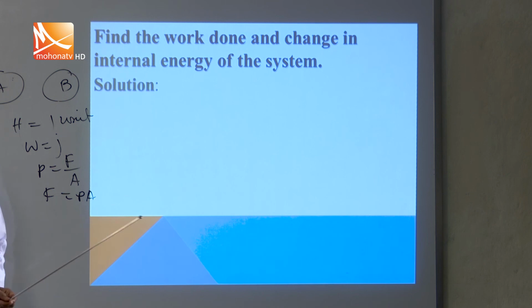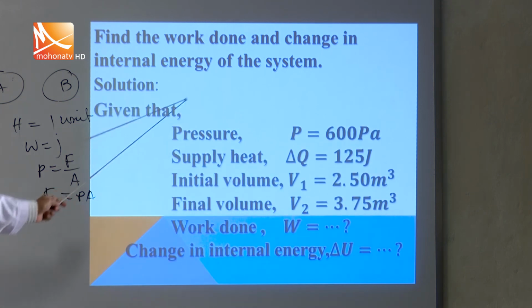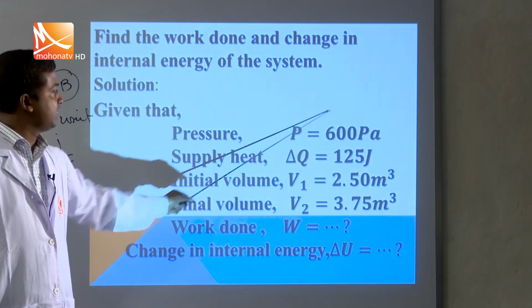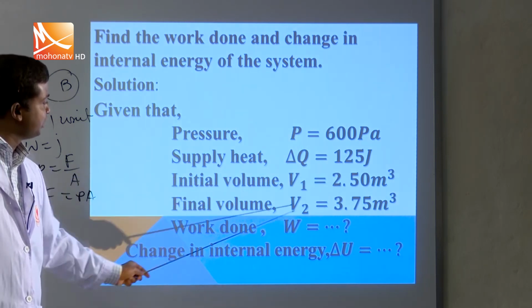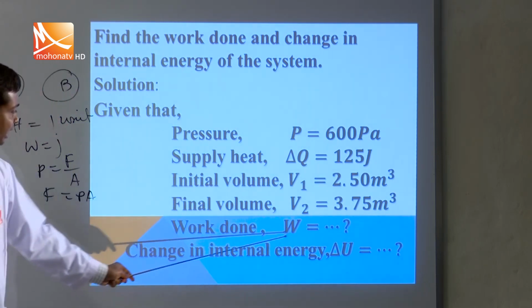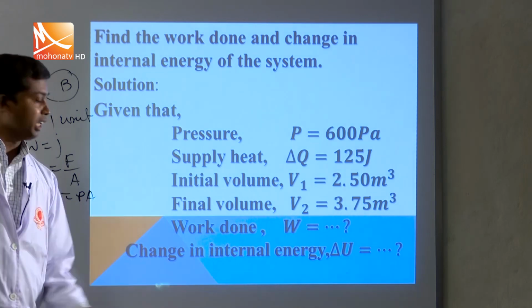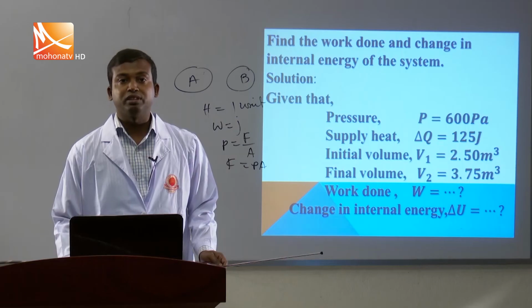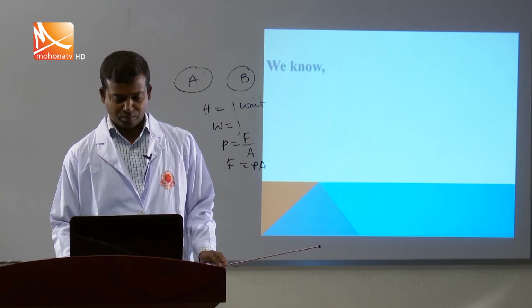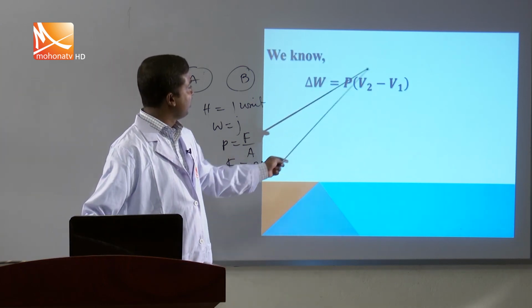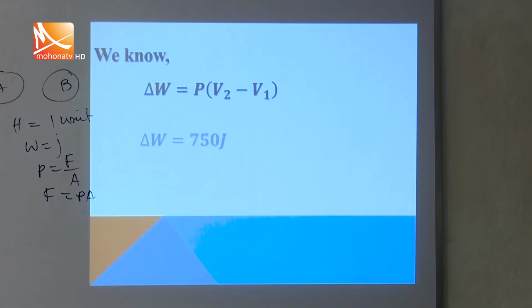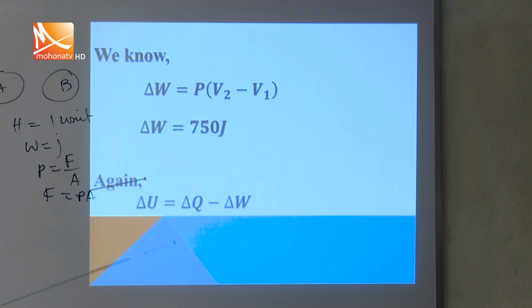So what is the given information? The constant pressure is 600 Pascal, dq is the supplied heat, and there are the initial volume and the final volume. You have to calculate work done and internal energy. Just use the first law of thermodynamics. This is the work done, as you have already learned. Putting the values of P, V2 and V1, you will get dW, the work done. In a similar way, you can write du equals dq plus dw.